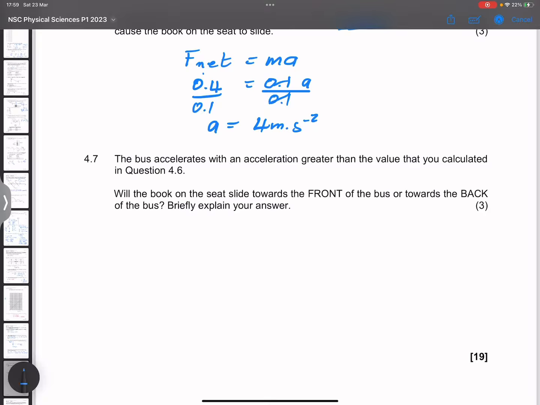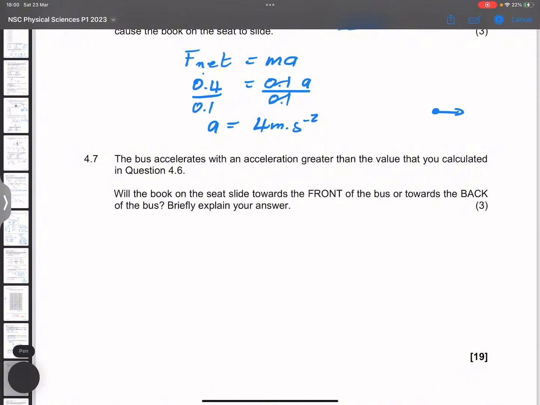Briefly explain. Now, when the bus accelerates, remember, we said if the bus accelerates in that direction, the book would want to move in that direction. Of course, friction would prevent it, but if we overcome friction, the book should move to the back of the bus.